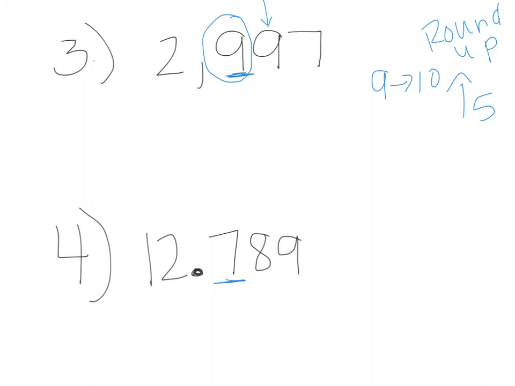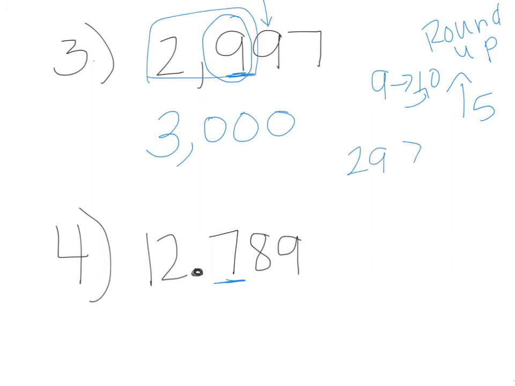So instead of keeping the 2 and changing the 9, when that 9 rounds up, that's going to make 10, so I need to add 1 to 2 to make 3, and then the rest become zeros. Okay, it's kind of like taking 29 and making it 1 bigger and going to 30. Okay, so 2,997 when rounded to the 100 spot actually turns into 3,000.